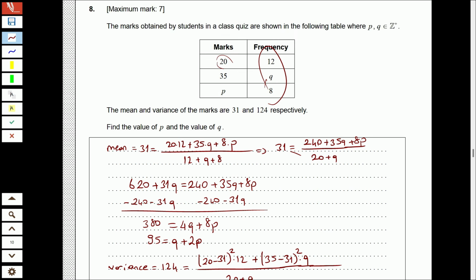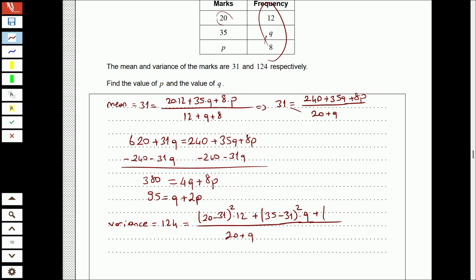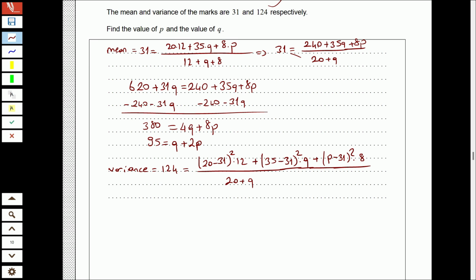The same will be P minus 31 squared times 8, right? So let's simplify this equation again.